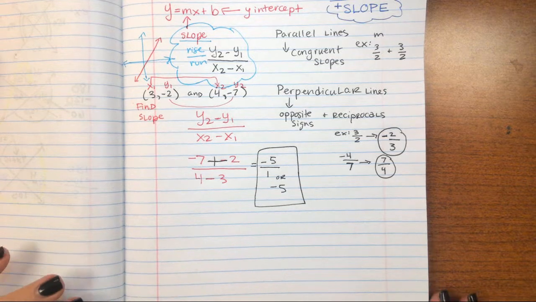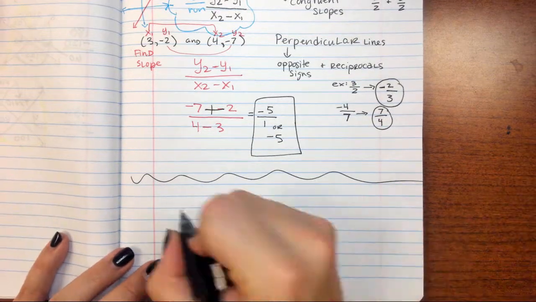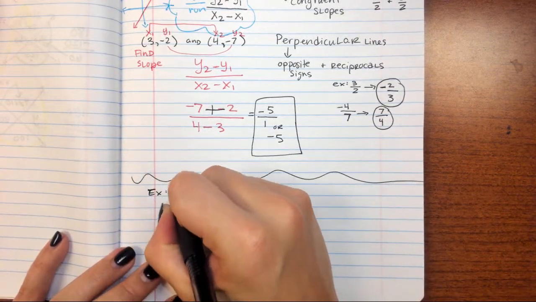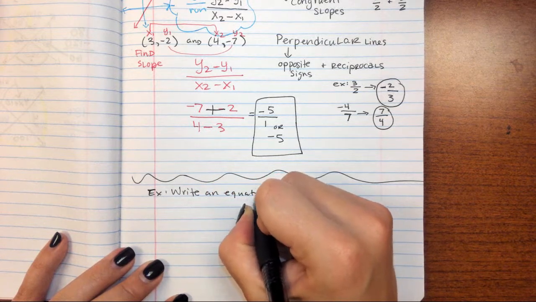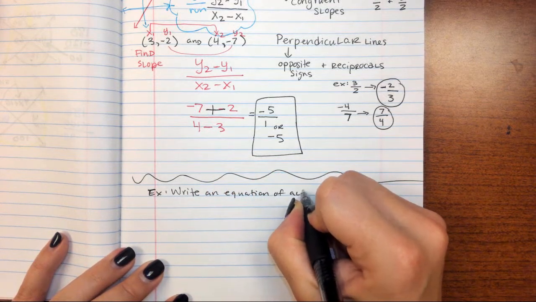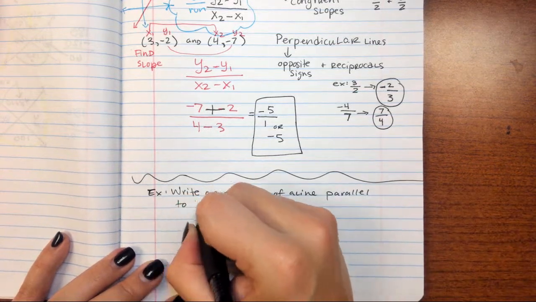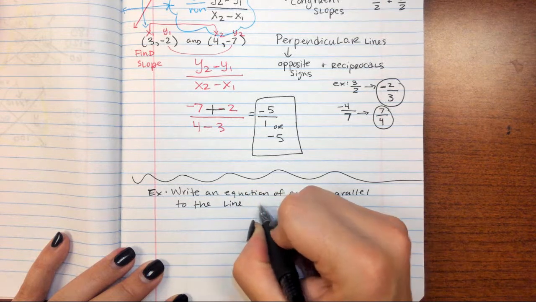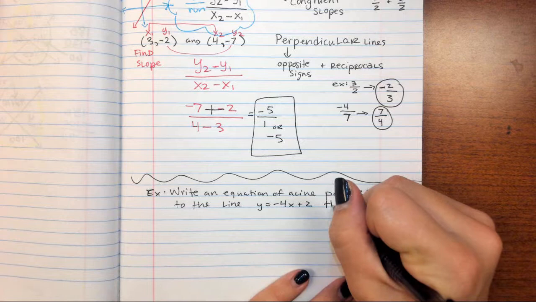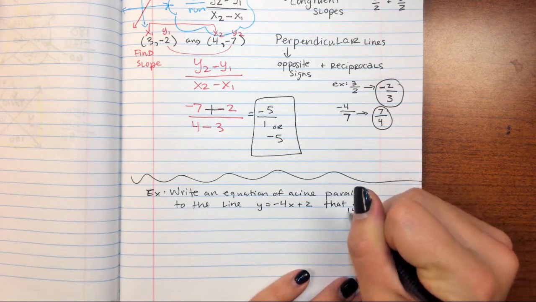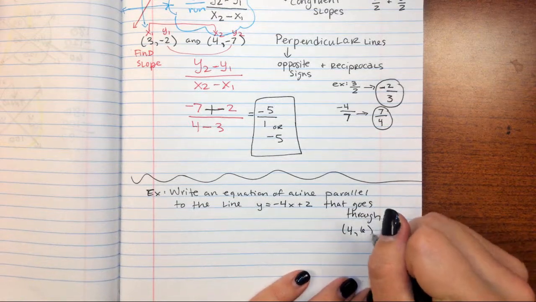If you would like to write an equation of a line, you're going to put it all together. So an example would be if I said, write an equation of a line parallel to the line y equals negative 4x plus 2 that goes through the point 4, 6.